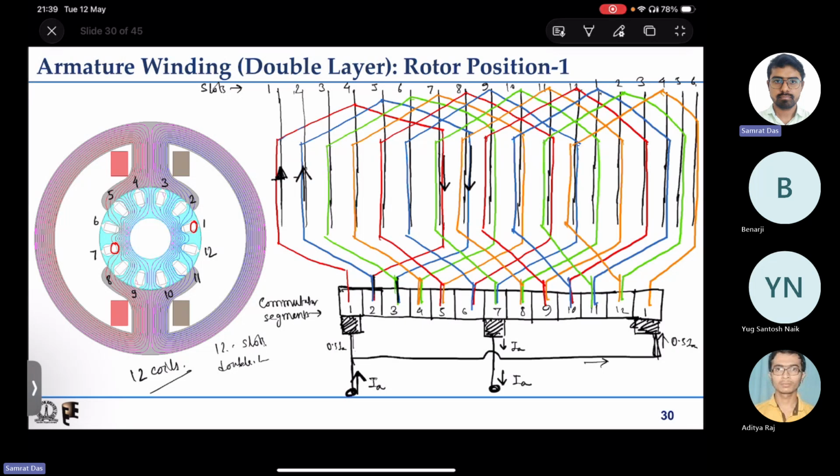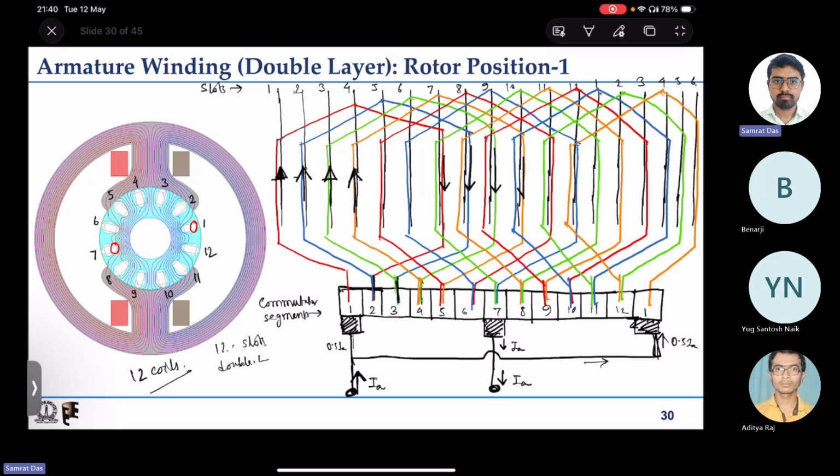Here segment 3, they are shorted, the two coil sides, they will come here, then green one, it will complete its path through slot number 9, it will come back to segment 4, segment 4 it will pass to coil number 4, it will be flowing like this to coil number 4, from slot 4 to slot 10.